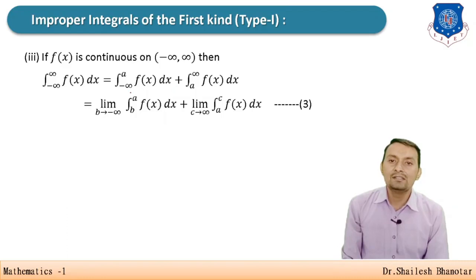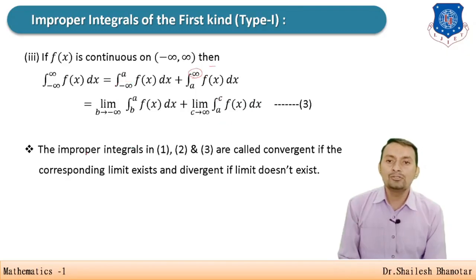In that case we can write the integral from minus infinity to a f of x dx plus the integral from a to infinity f of x dx. Again, the lower limit is minus infinity and the upper limit is infinity, so we replace them by constants, taking the limit as b tends to minus infinity, plus the limit as c tends to infinity, where infinity is replaced by c.